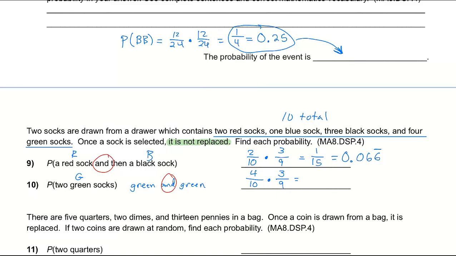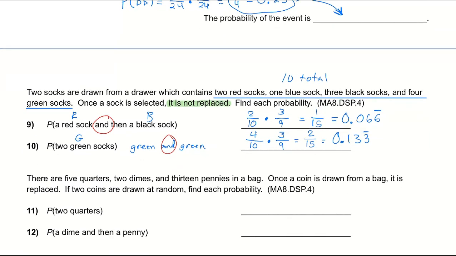I'm hitting every wrong button on this calculator. There we go. 2/15 on this one, which is 0.133 repeating. There we go.